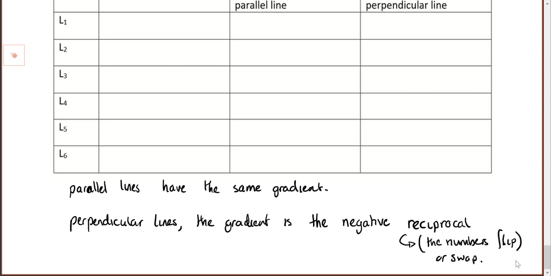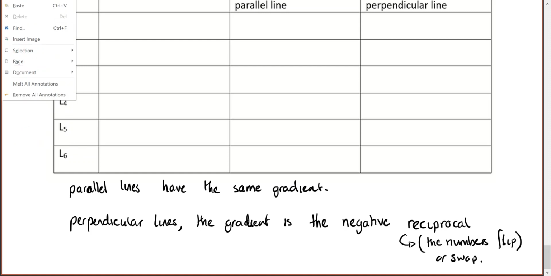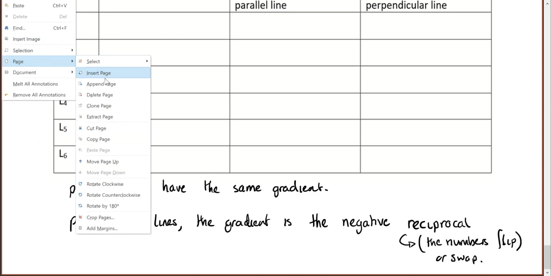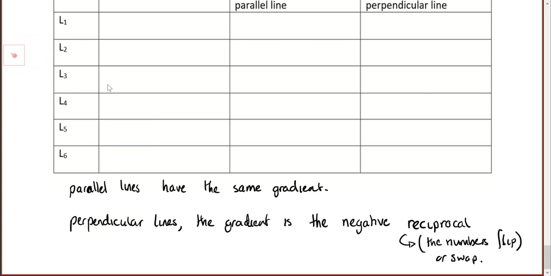So, let me just check you out then. Got a minute or two. No need to write anything down. Okay, if I said to you, here's an equation, y equals 5x minus 7.